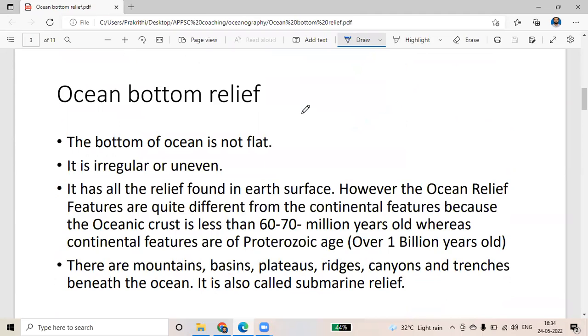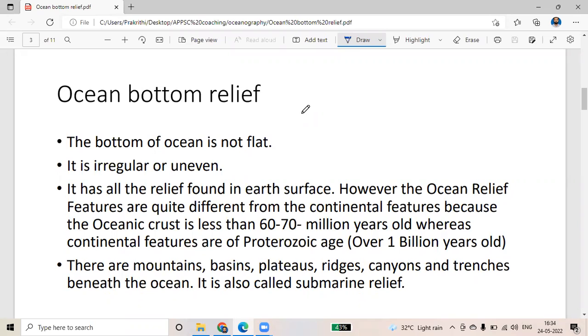So what is the bottom relief of the ocean? जैसे, as we know, the Earth crust is made up of two kinds of masses. One is continental crust mass and the other one is oceanic basin mass. तो ऐसा 2 division है हमारे लिए.